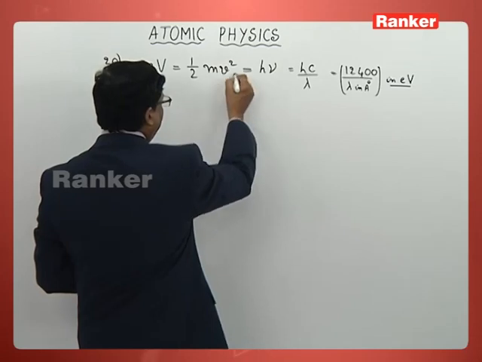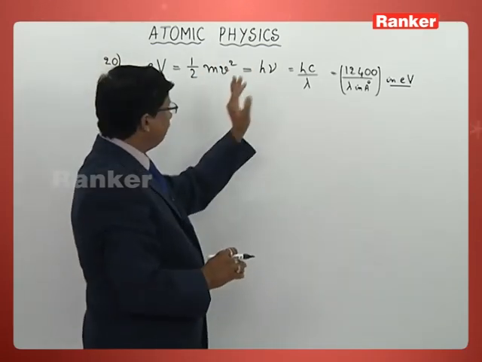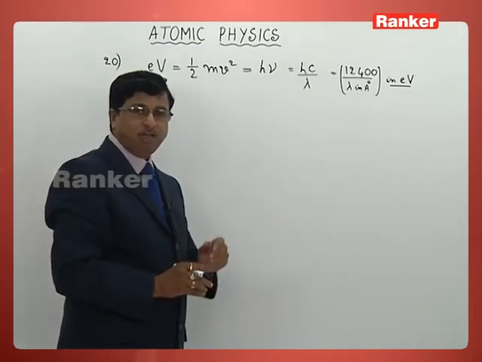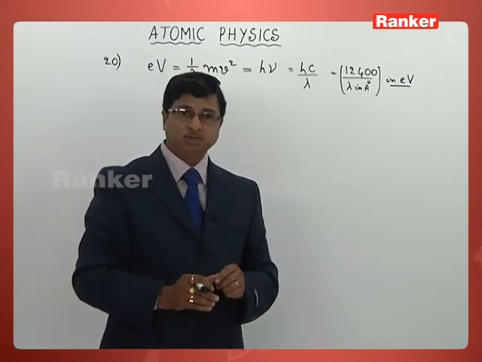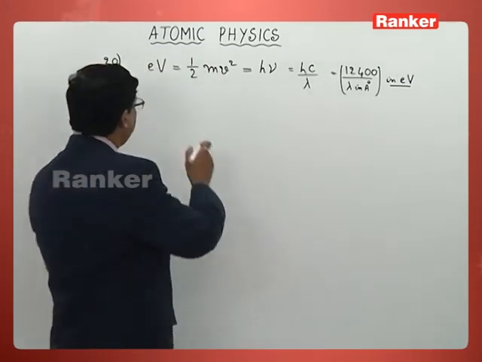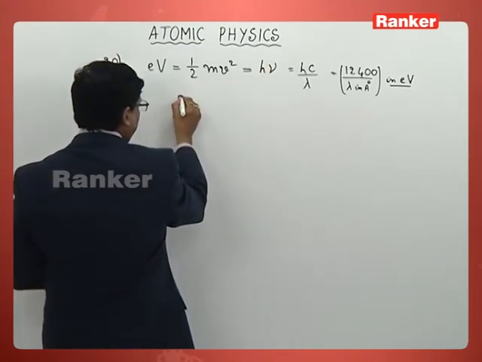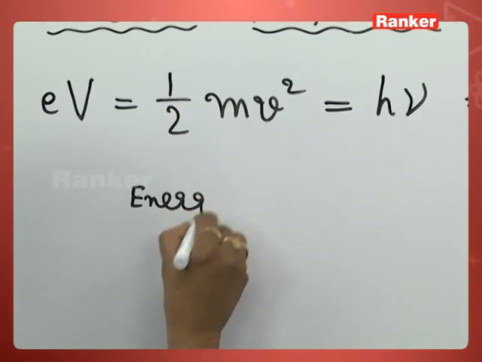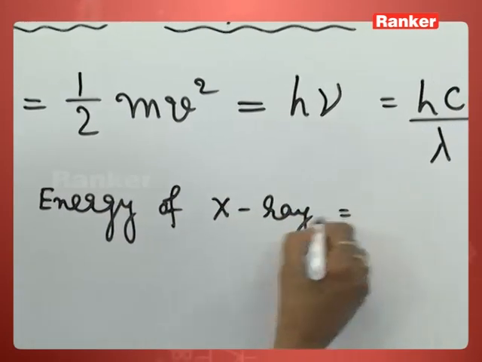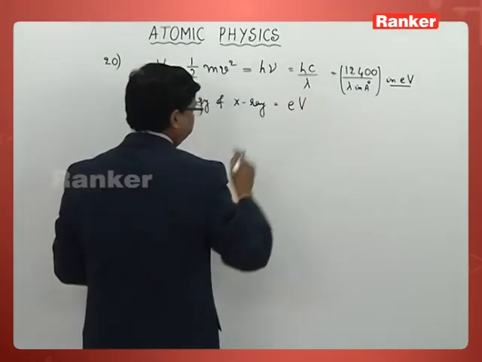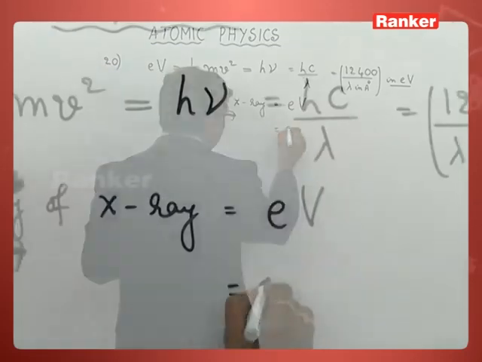If the entire kinetic energy gained by the electron is totally converted into an X-ray, then a very highly energetic X-ray can be produced. So what is your conclusion here now? The energy of X-ray, how much should it be? That now must be eV. Simple.